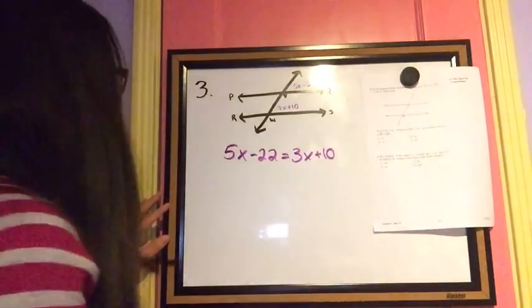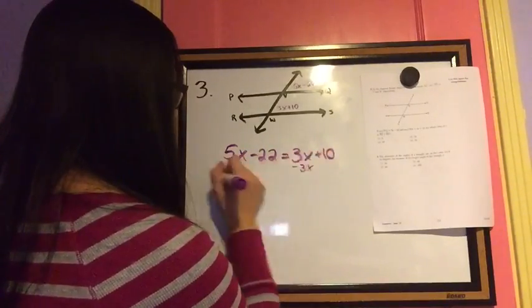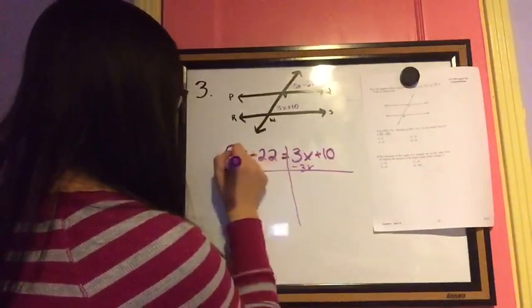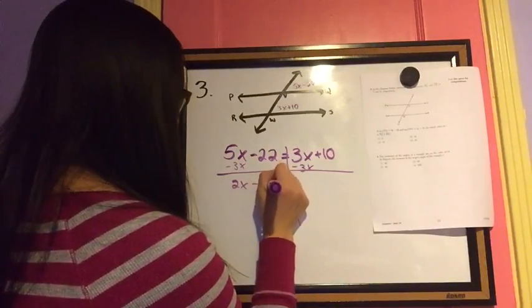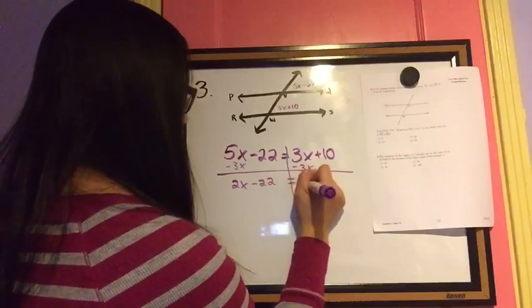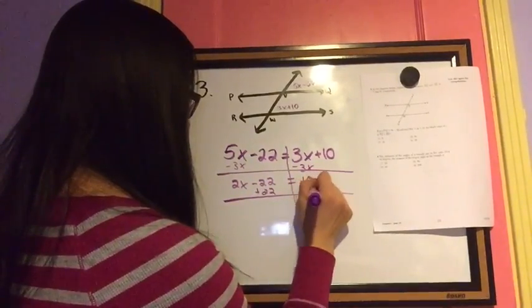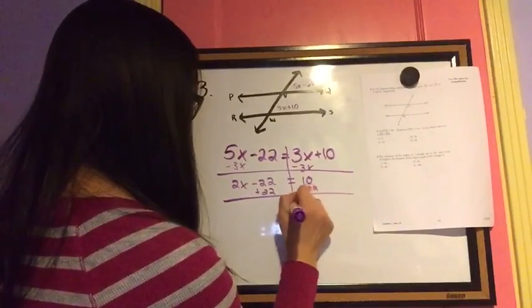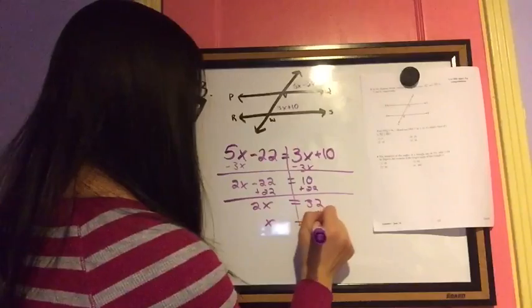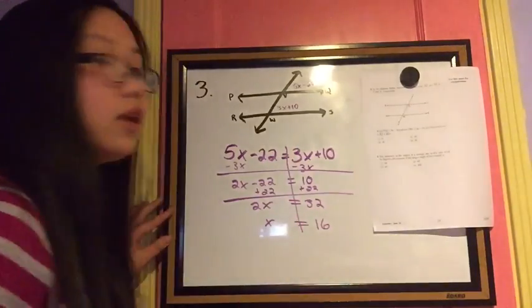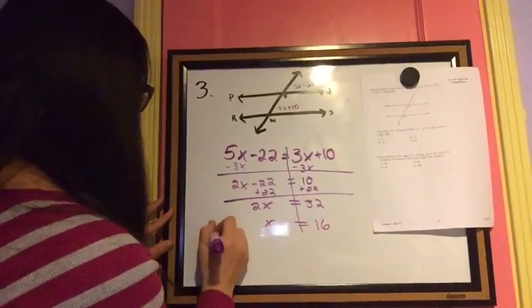From there, you can go ahead and solve it. And that equals 16. So x equals 16, which is choice number 2.